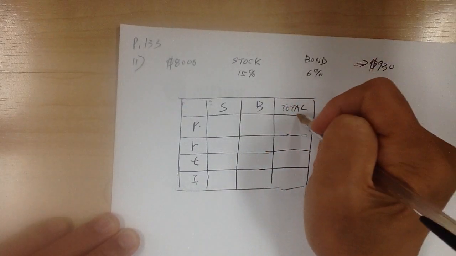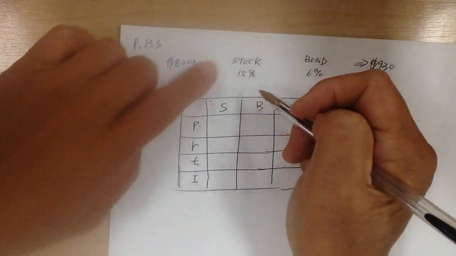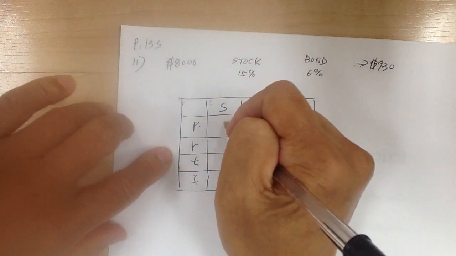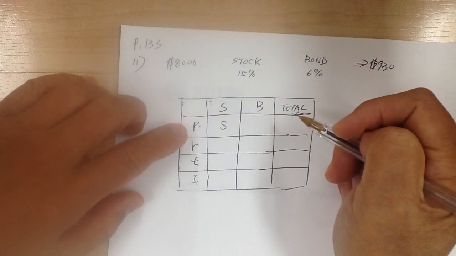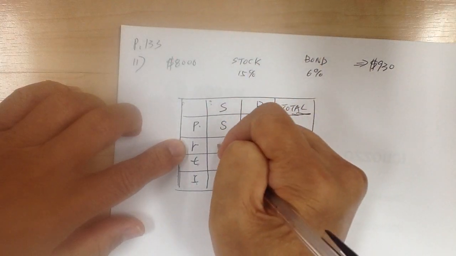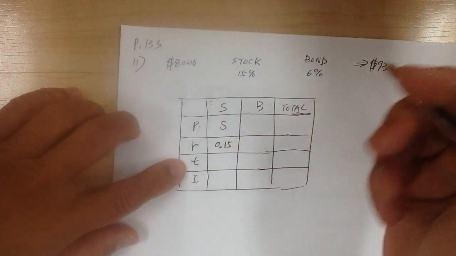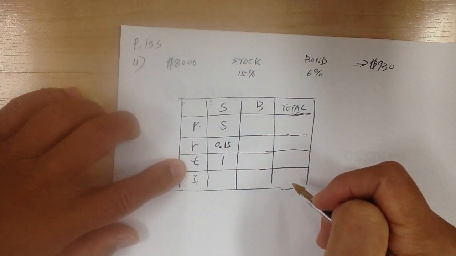You can just make a table to keep things organized. For the stock, you don't know the amount, so I'm going to put an S for stock. The rate is 15%, and you have to convert into decimal, so it'd be 0.15. Time is annually, which means 1 year.